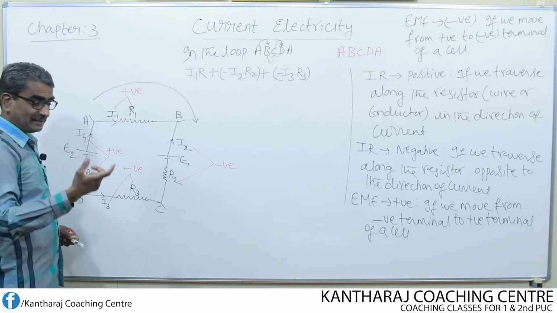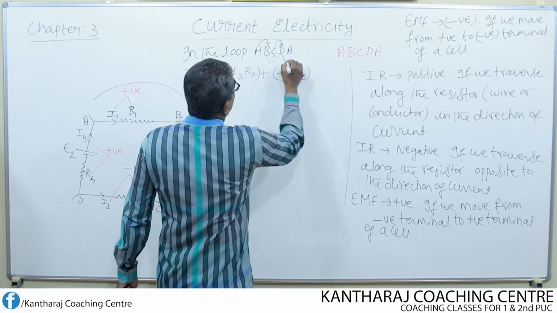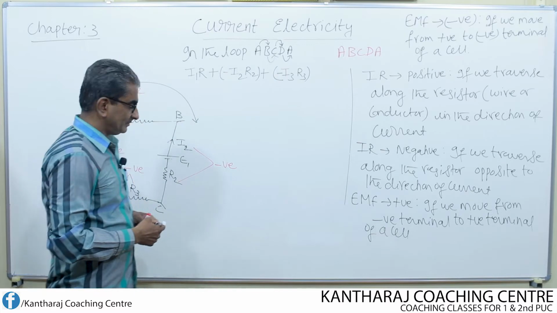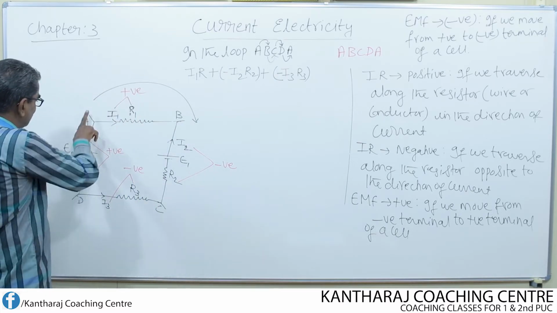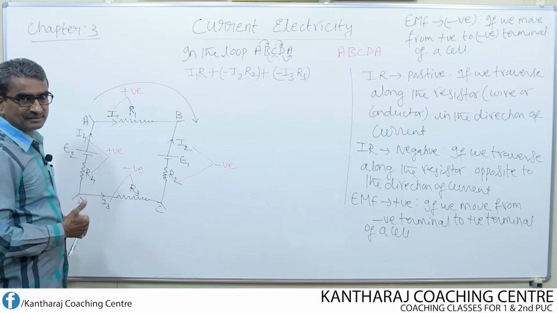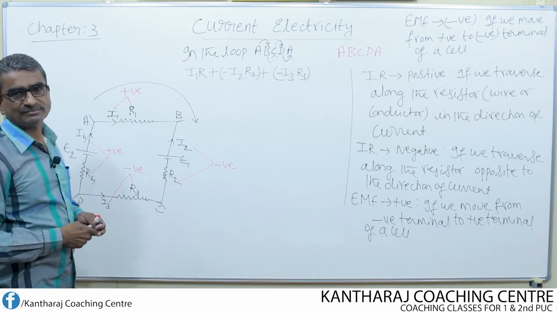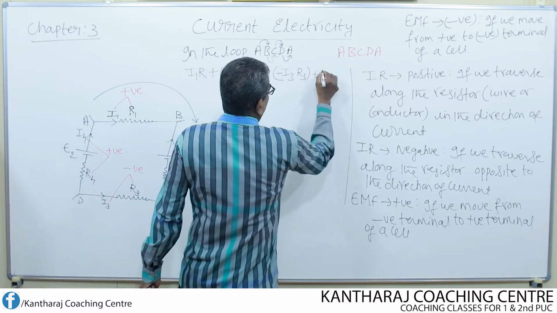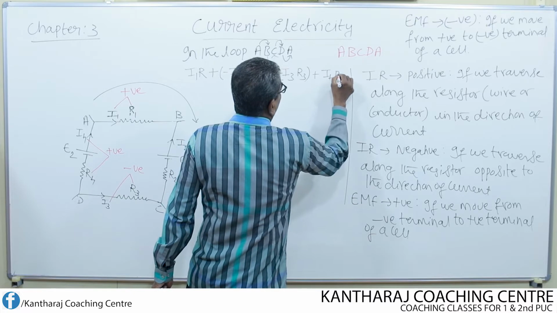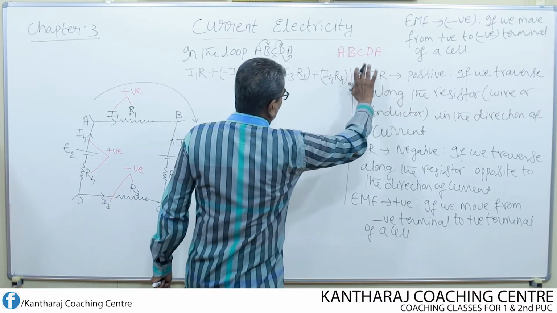Then, finally, move from D to A. In this branch, what is IR product? I4 R4. It is positive. So, plus I4 R4. So, this is the total IR product.